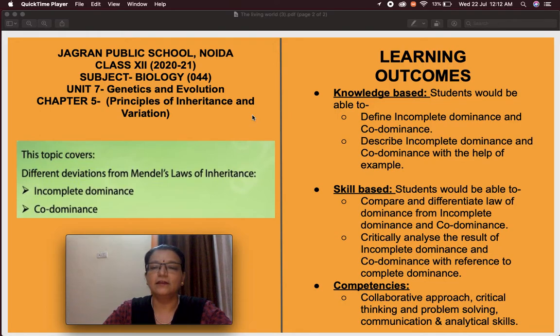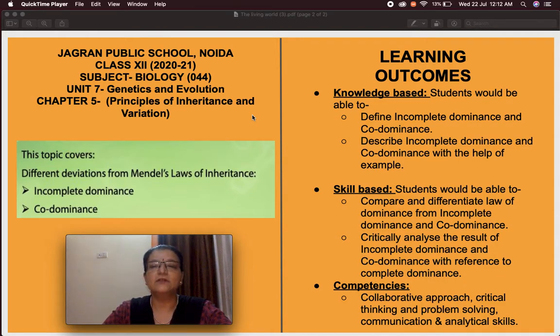After today's class, the learning outcomes that we are expecting: in the knowledge based category, you will be able to define incomplete dominance and codominance as phenomena of inheritance, and describe them with the help of examples.